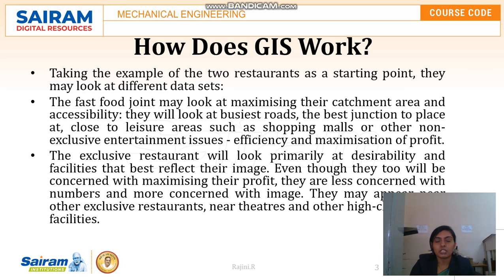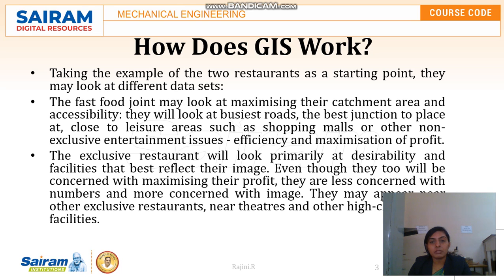Before starting, how does GIS work? Let us see this example with two restaurants as a starting point. They may look at different data sets. The first one, the fast food joint, may look at maximizing their catchment area and accessibility.